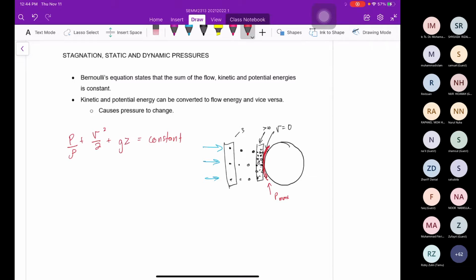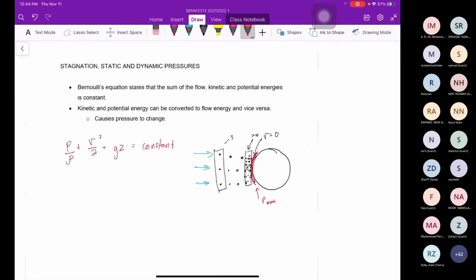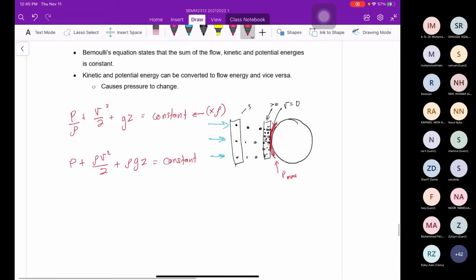Okay. This is the Bernoulli equation, the one we derived before. So multiply this one with rho, you will get pressure. You will get rho V squared over 2 plus rho gZ equal to constant. So in here, we can see it in a different way.